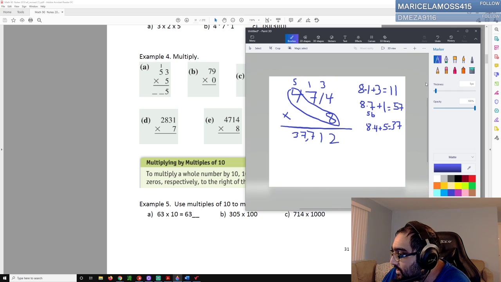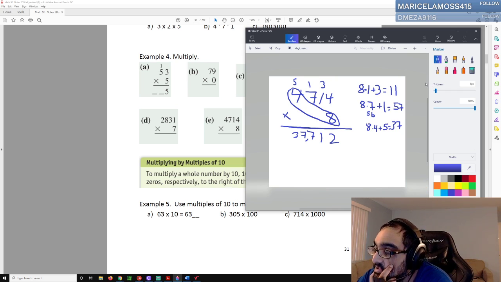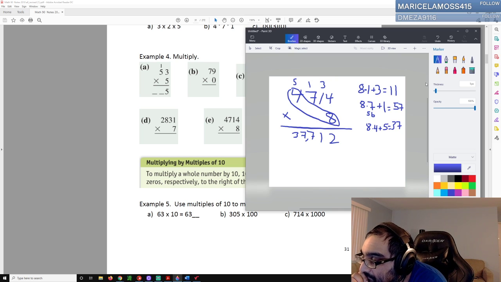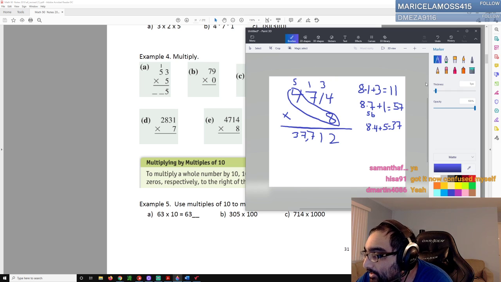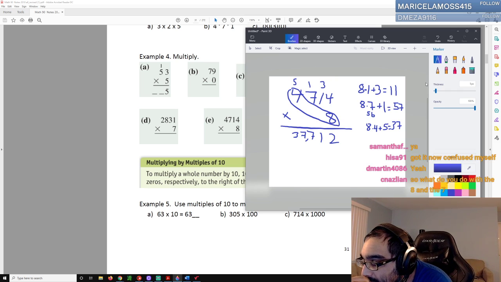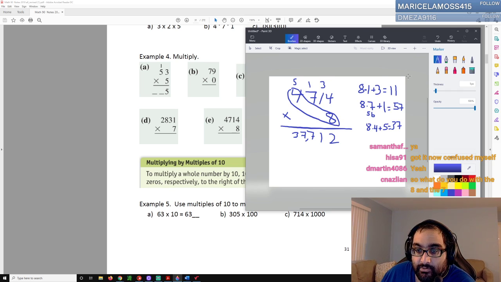Does that make sense for you guys? We'll do some more examples, of course, but I want to be sure that that's clear for everybody. Yeah, that's fine. That's why I'm here, to clear up that confusion, okay? I want to be sure. So what do you do with the 8 and the 7? Well, I'm doing the same thing here.